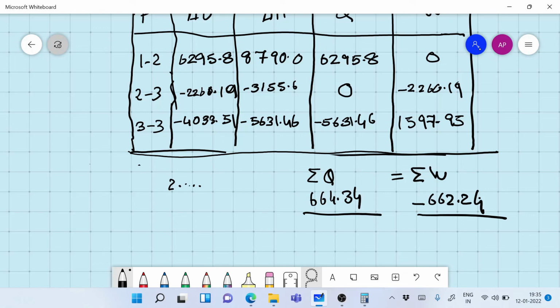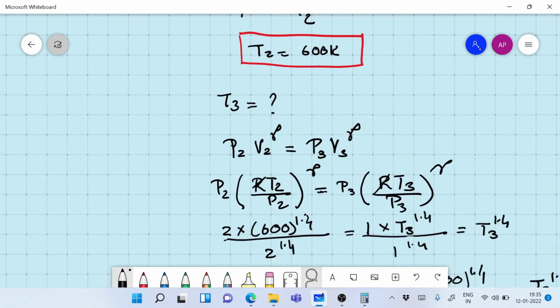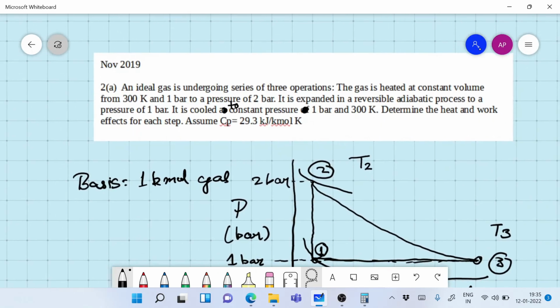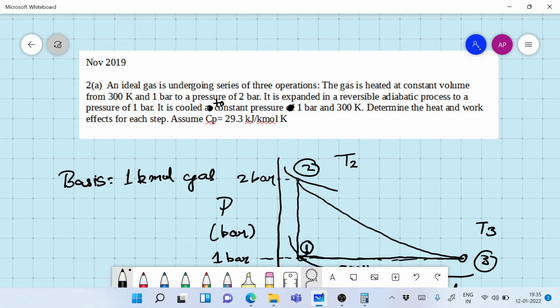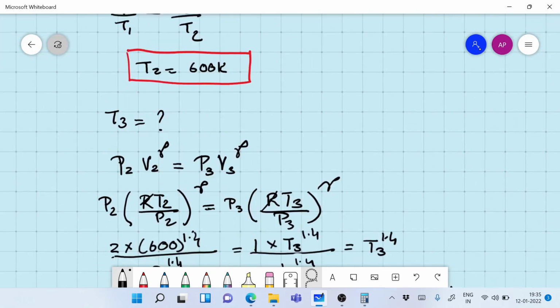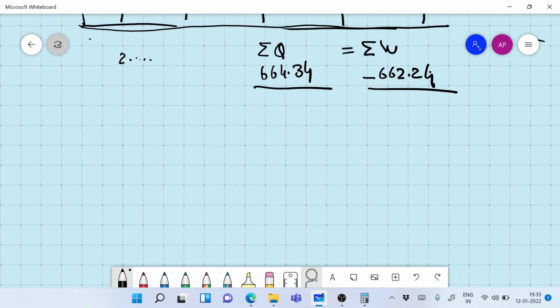That is because we have rounded off the decimals. Had we taken the decimals exactly to 4 decimal places, we would have got accurate figures. So that was all about the problem that had come in Mumbai University, November 2019. Hope you understood how we can solve this problem in a simple yet methodical manner and get the answers which are accurate and for which you will get full credit.